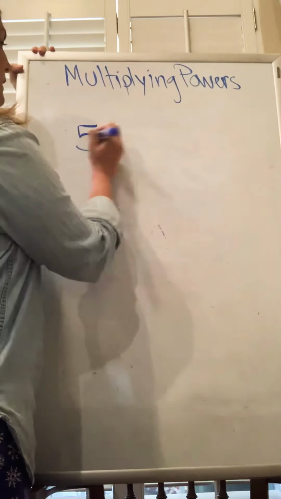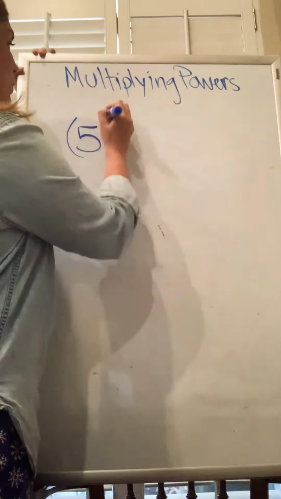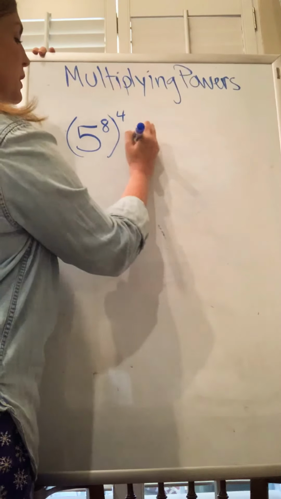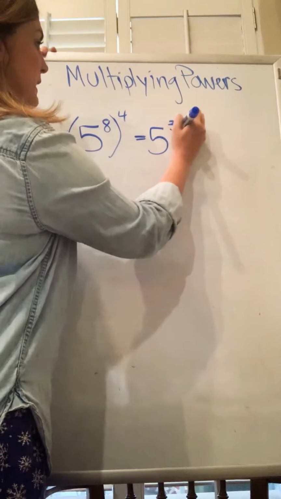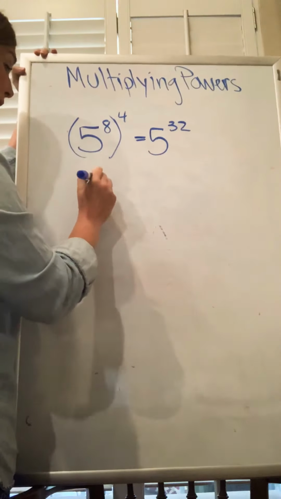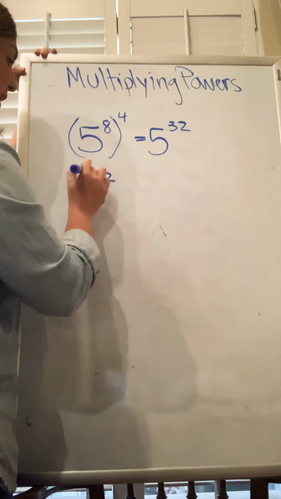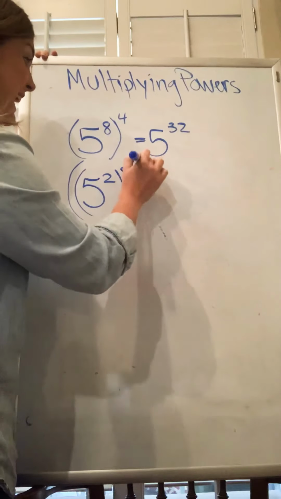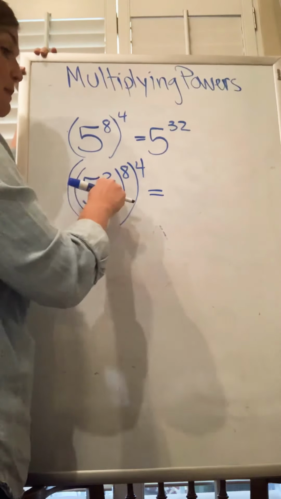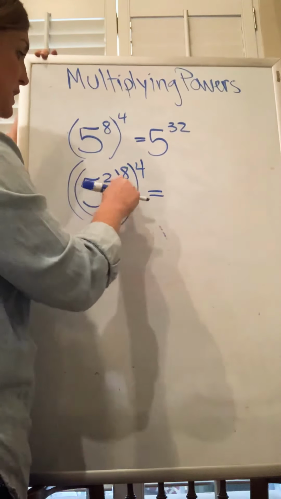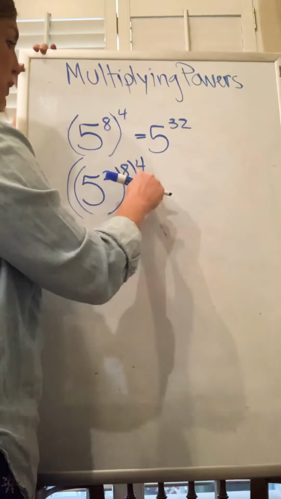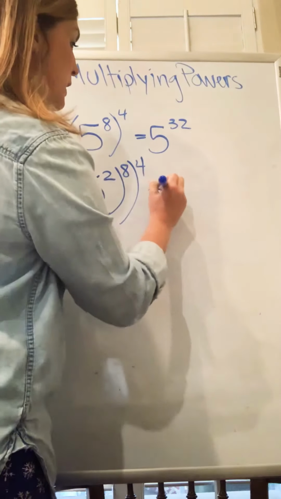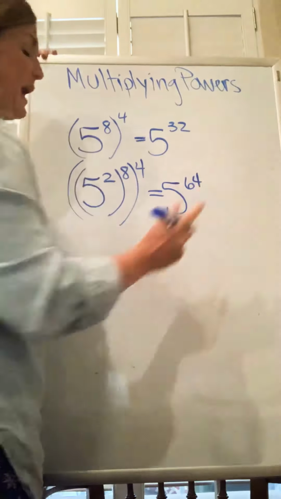So 5 to the 8th raised to the 4th would be 5 to the 32nd. If I said 5 to the 2nd raised to the 8th, and then I raised that to the 4th, I'm still just multiplying my exponents. So 4 times 2 is 8 times 8 is 64. So this is 5 to the 64th power.